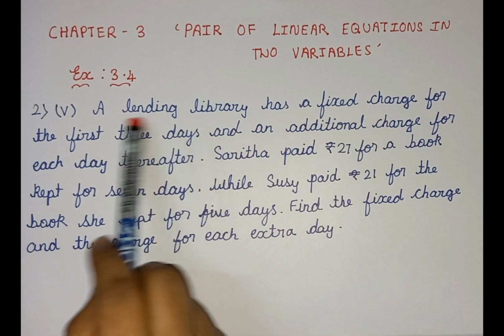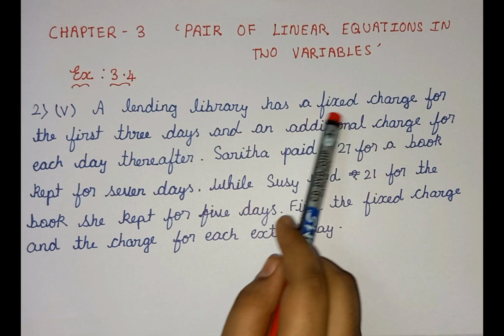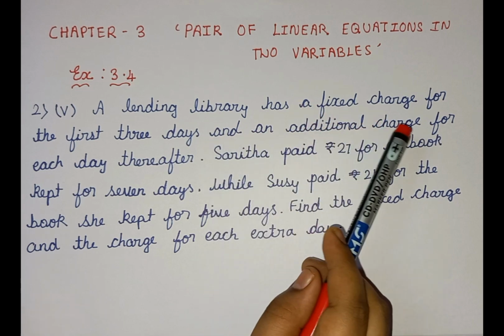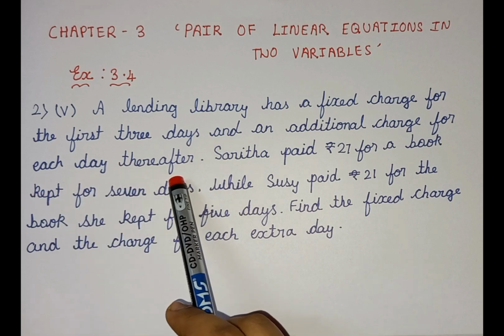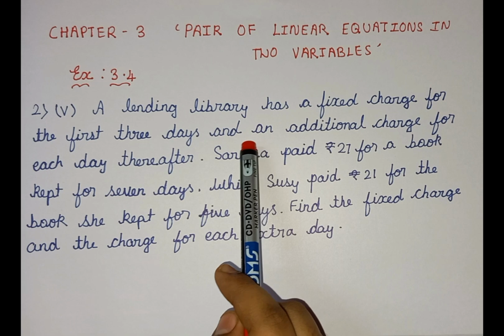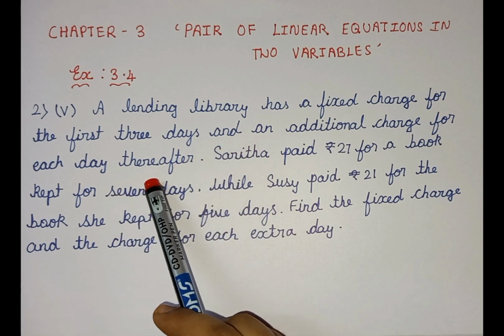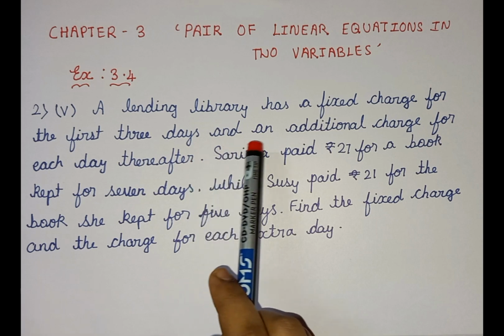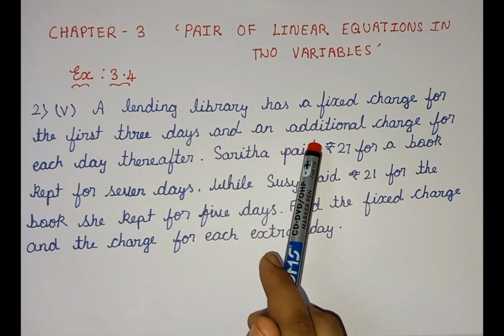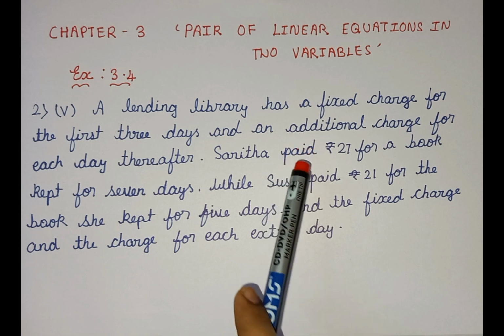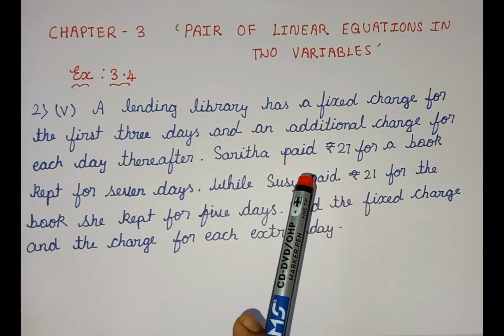For the first 3 days we are supposed to pay the fixed charge, and an additional charge for each day thereafter. For 3 days there is a fixed charge, but if we don't return the book to the library on the third day after reading it, we have to pay additional charge.